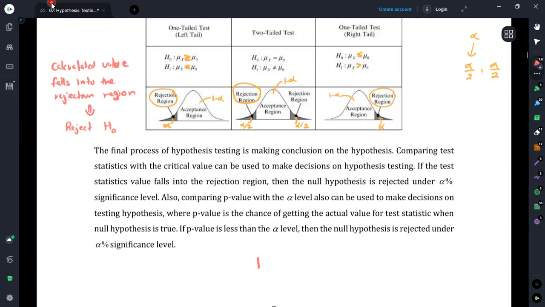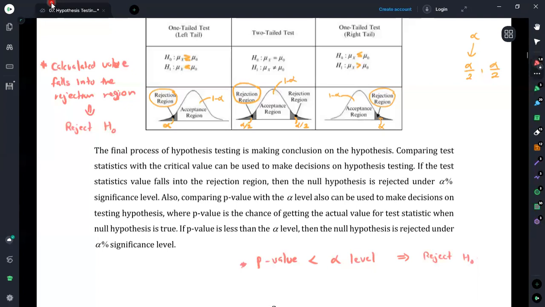Therefore, if the p-value obtained for a particular test is less than the alpha level, where alpha is the significance level, then we have to reject the null hypothesis. These are the rules that we use to reject the null hypothesis.